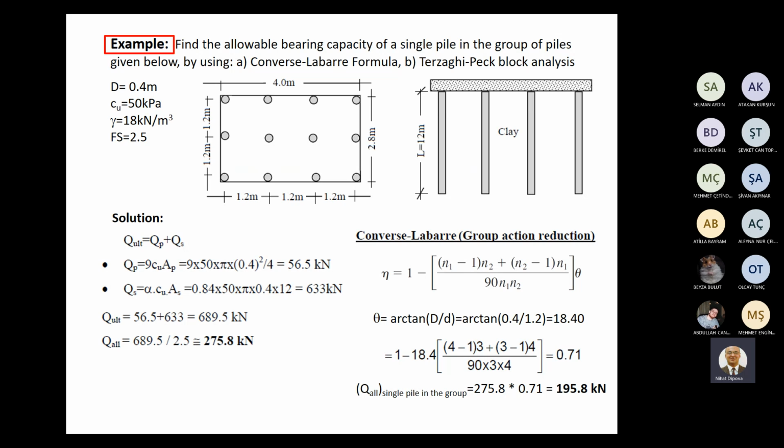We have one more example. Find the allowable bearing capacity of a single pile in a group of piles as given in this figure, 3 by 4. A. Converse-Labarre formula. B. Terzaghi-Peck block analysis.